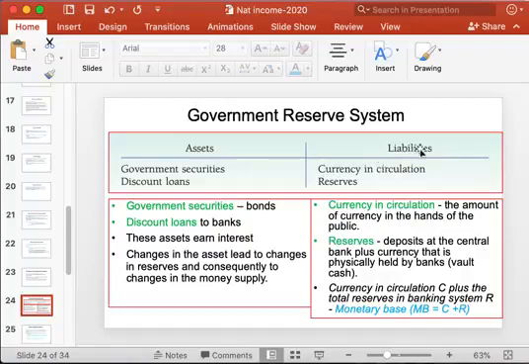And the liabilities in the government reserve system are currencies in circulation, that refers to the amount of currency in the hands of the public, and the reserves, that represents the deposits at the central bank, plus the currency that is physically held by the banks, which are called vault cash.